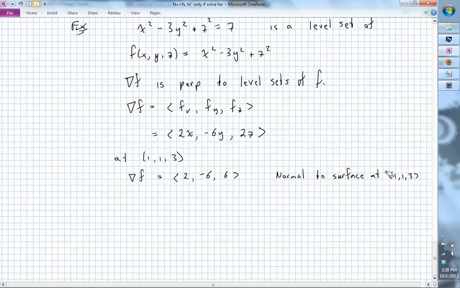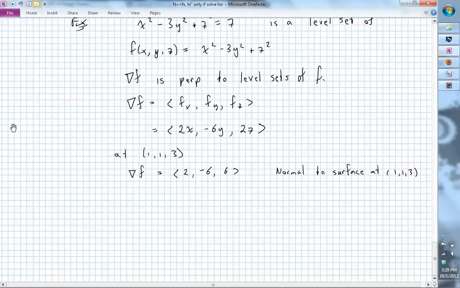I guess technically that's not a vector, but a point. And so I'll just write 2 times x minus 1 plus 6 times y minus 1 plus 6 times z minus 3 equals 0.